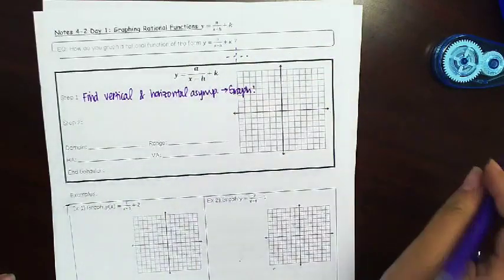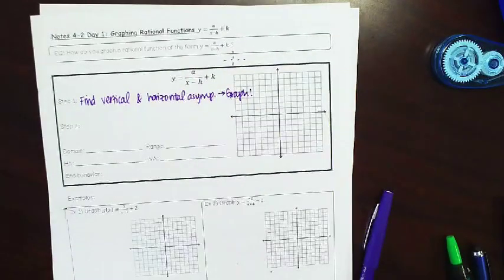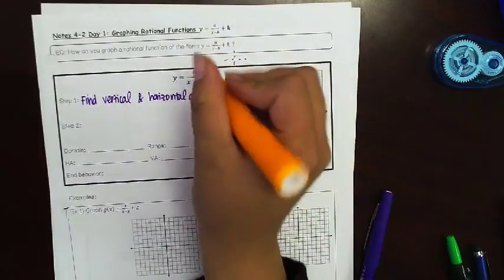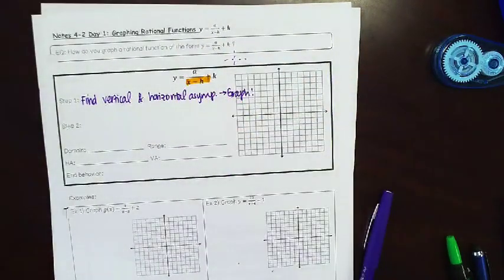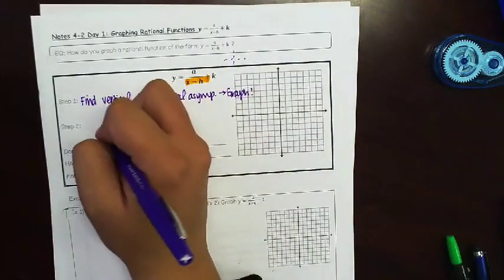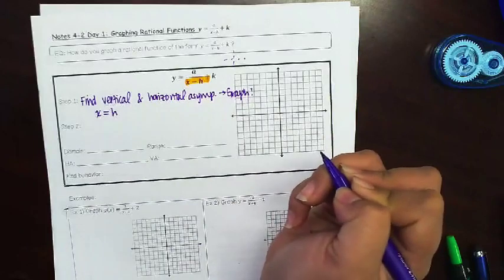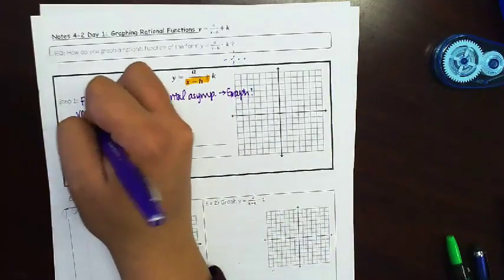So for a vertical asymptote, I'm going to go ahead and use my denominator, x minus h. If I set x minus h equal to 0, I get x equals h. And that's going to be my vertical asymptote.